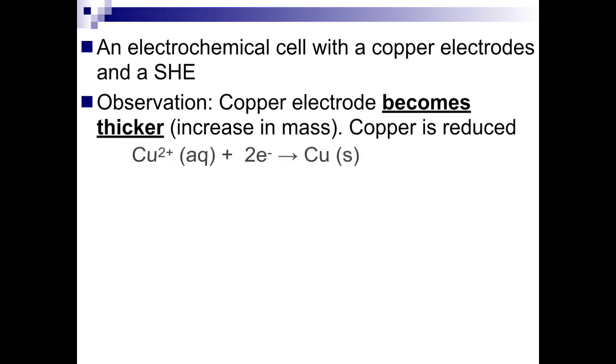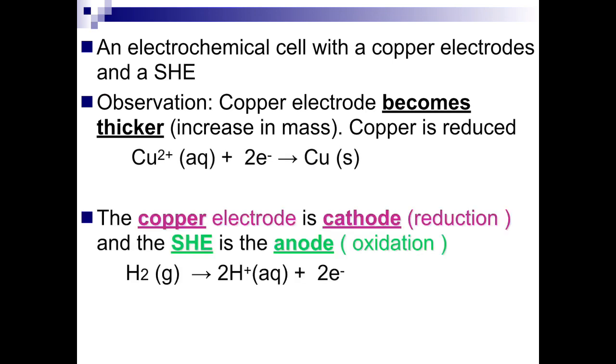The Cu2+ from the solution gains 2 electrons and is reduced into copper. So the copper electrode is the cathode and undergoes reduction, while SHE becomes the anode and undergoes oxidation. The H2 gas is oxidized into 2H+ and releases 2 electrons.